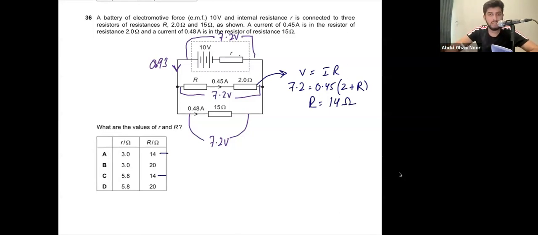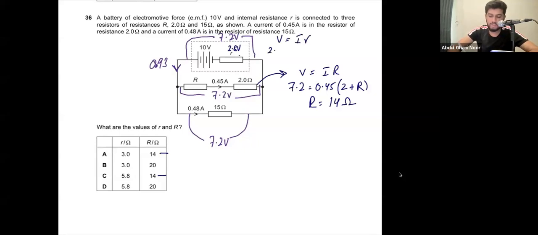Similarly, for internal resistance, if the terminal potential difference is 7.2 volts, अगर बैटरी असल में 7.2 volts दे रही है, तो बैटरी के अंदर लॉस कितना होगा? बैटरी के अंदर लॉस होगा 2.8 volts का. Now I can use V is equals to IR.